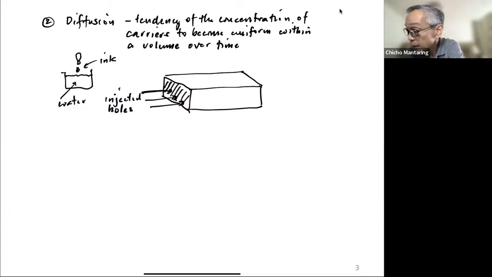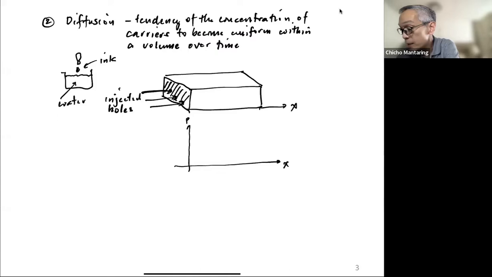If I plot the hole concentration over distance, so this is the hole concentration over distance. No? So this is X. Okay, what's going to happen here is, so dito, there's a constant injection of holes.